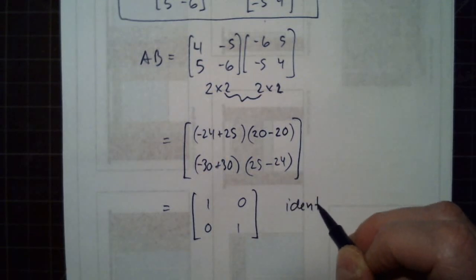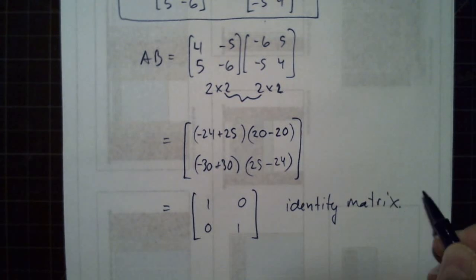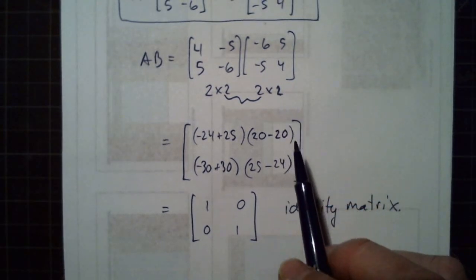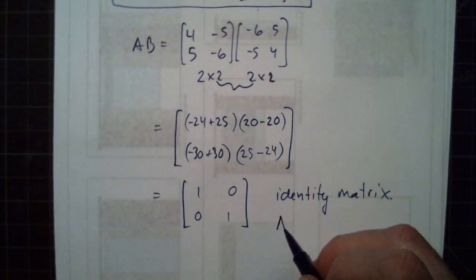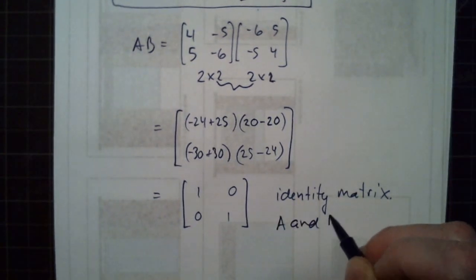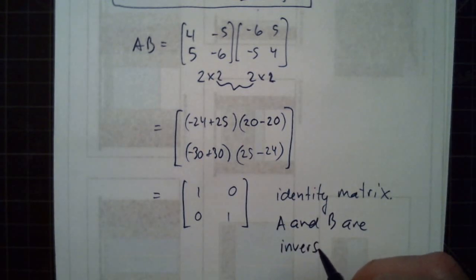That's called the identity matrix. And if we multiply matrices and that's the product, then we say that A and B are inverse matrices.